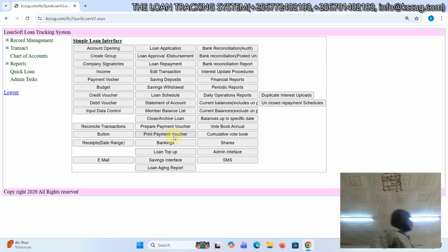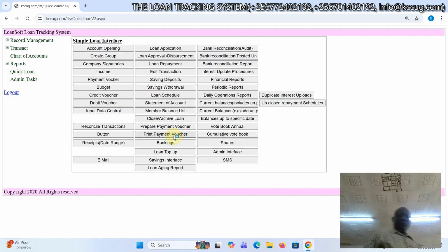We would also be able to perform a loan calculation such that we can check if we are to apply for a loan, how much interest are we supposed to pay, and when will that loan come to an end. That was a loan portal.